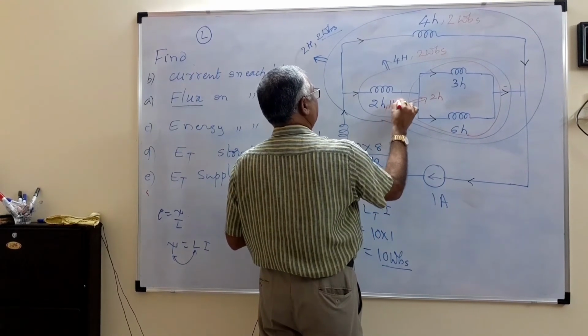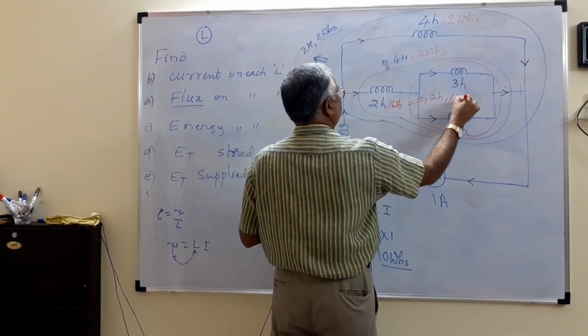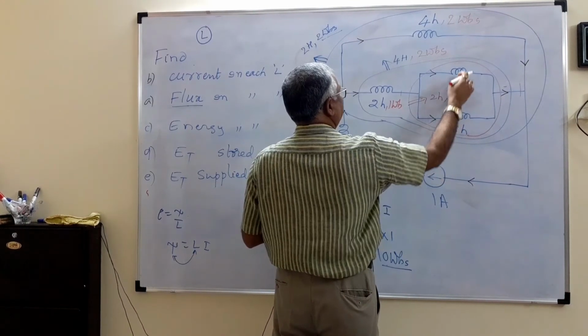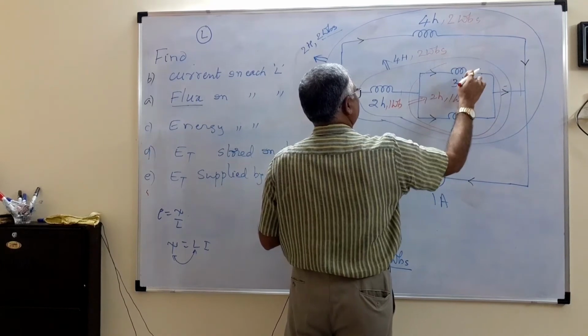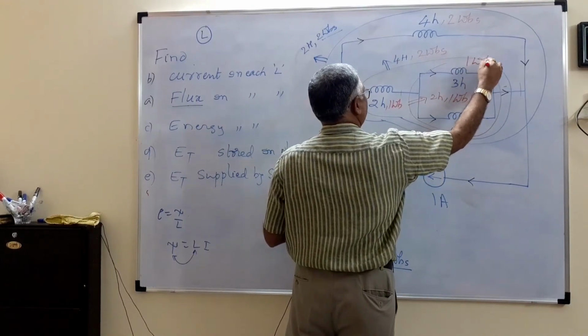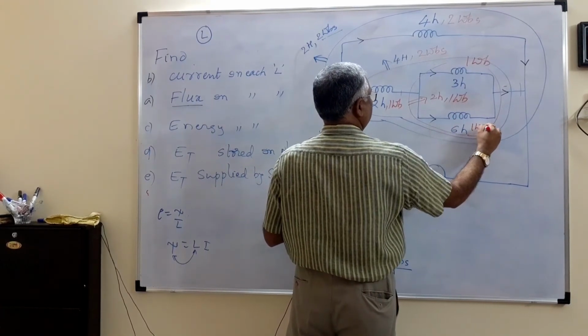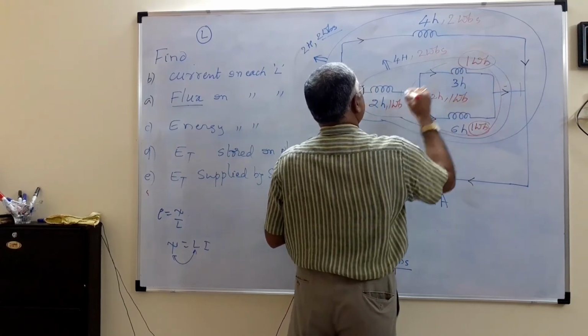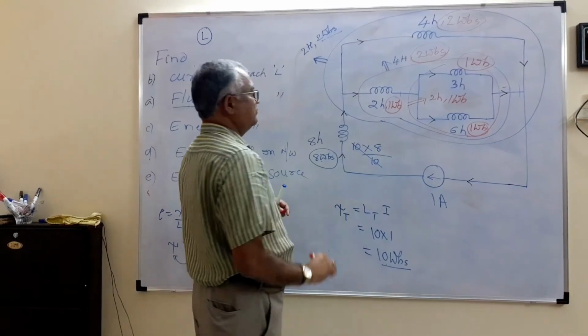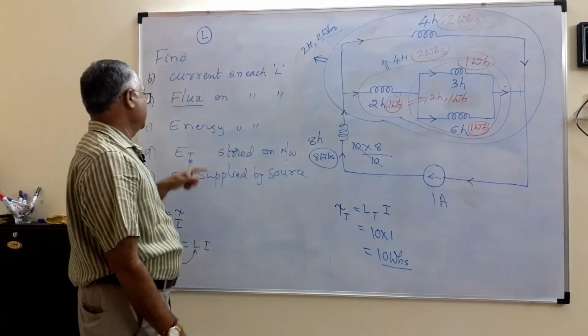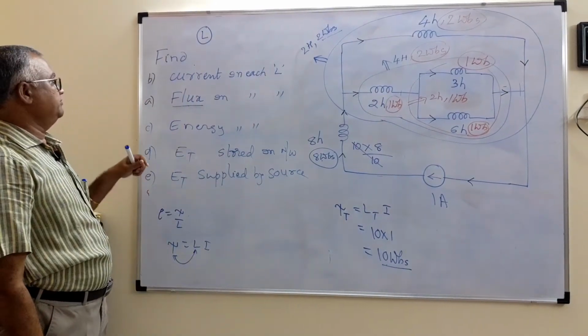So 1 Weber will be here, 1 Weber here. And these two are parallel. Current divides, flux same. So the flux here is 1 Weber, flux here also 1 Weber. Like this we are finding all the fluxes. I hope it is clear.